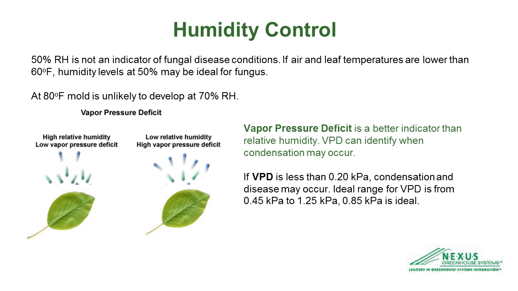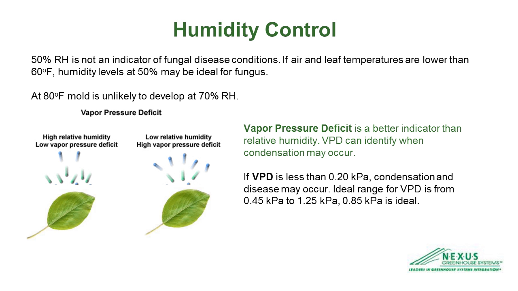Vapor pressure deficit is an indicator of how easy it is for a plant to transpire, how much moisture there is in the air. If you look at the light blue dots, that's how much moisture there is in the air, and the dark blue dots is how much moisture is leaving the plant. On the left-hand side, we have a high relative humidity, low vapor pressure deficit, meaning that the plant can't release moisture. And so you can see there's only 2 blue dots at the top getting away.